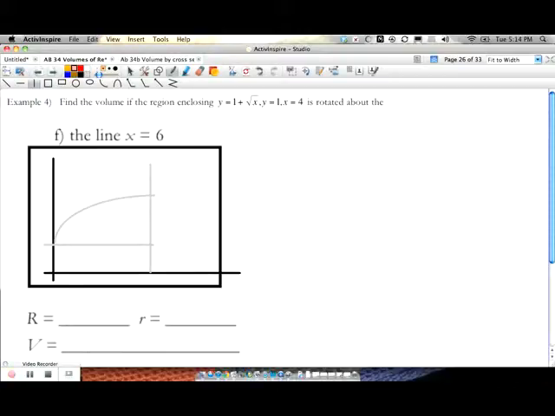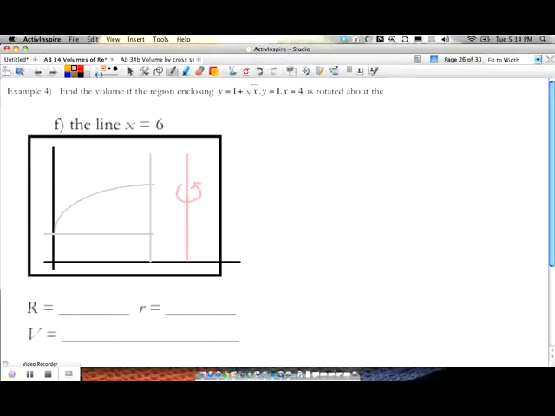But now we have a new axis of rotation that's a little bit further out. It's more about out here. And I know that because it says I'm rotating around the line x equals 6. That's that line there. We still have the same kind of boundaries where this goes from 1 up to 3. And I'm still doing this same blue shaded region.